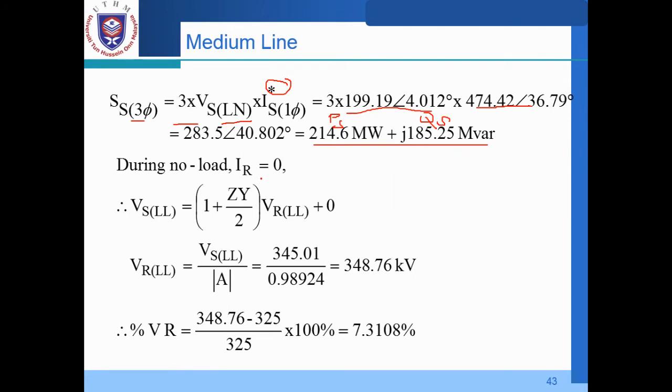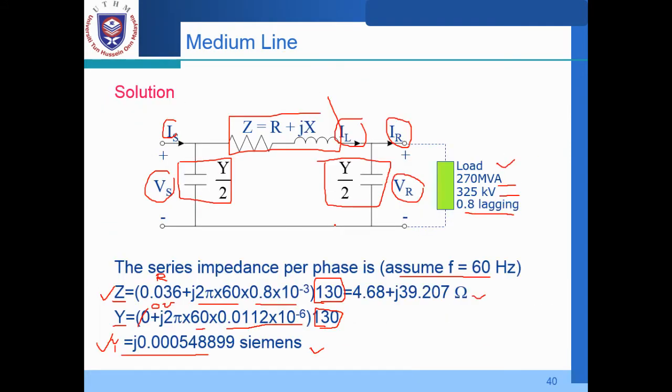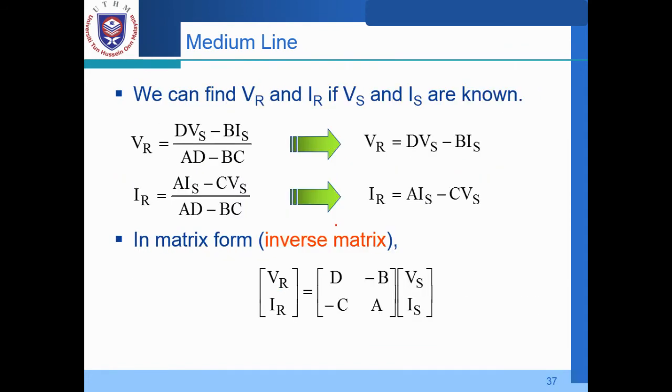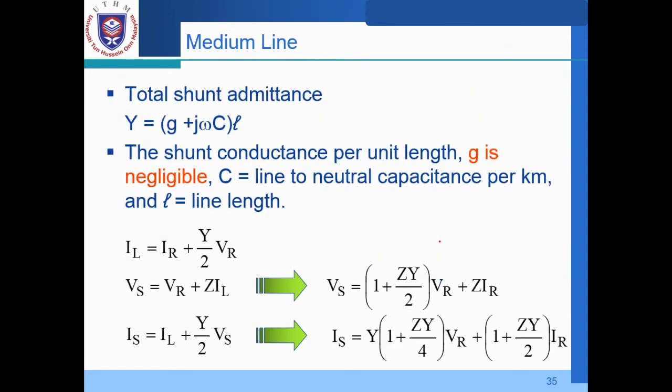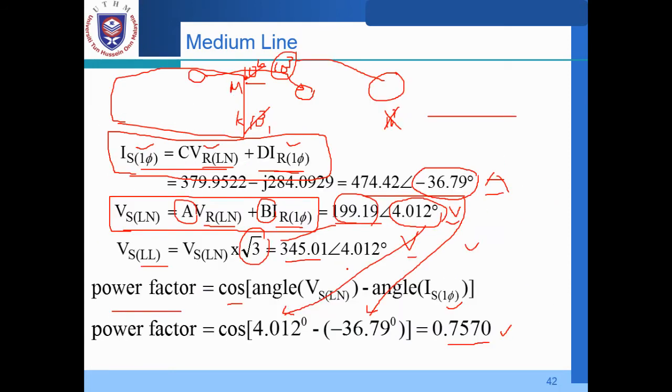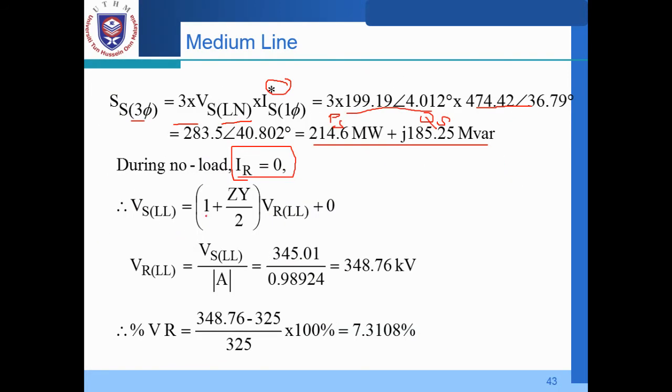How about during no load? This is the key where IR equals 0. So VS line to line is (1 plus ZY over 2) VR line to line. Here we can see from the derivation that when IR equals 0, we are left with only 1 plus ZY over 2 times VR line to line.